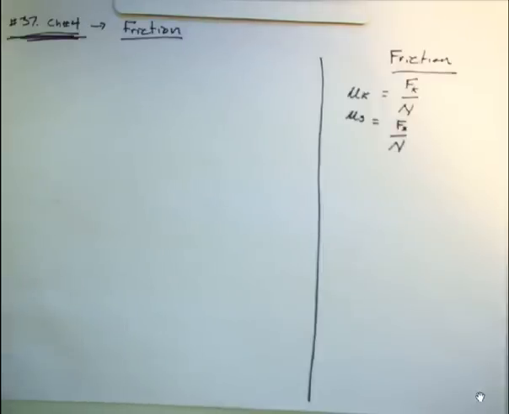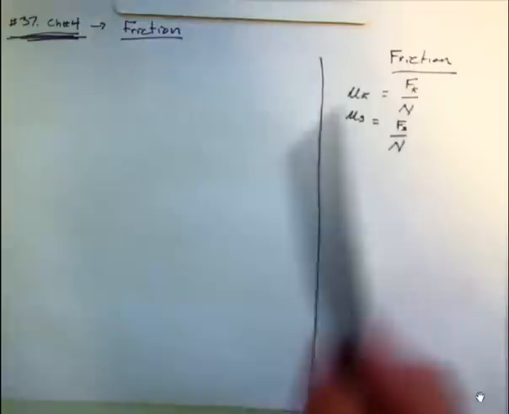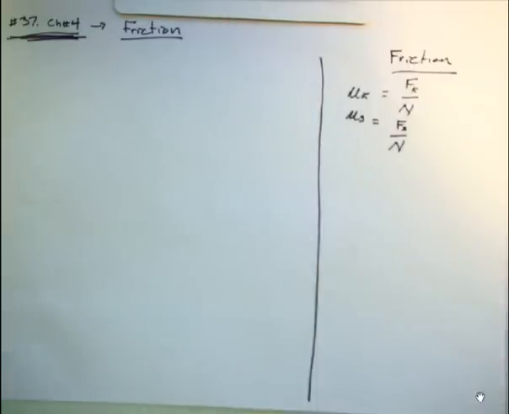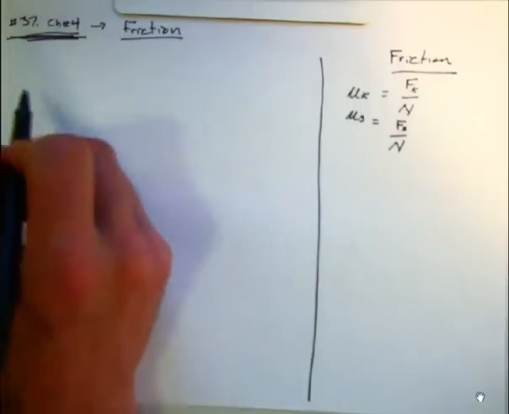Let's go back to our problem now that we know what we're looking for. We are looking for mu sub s in part A and mu sub k in part B. Let's start with what we know and do a free body diagram.